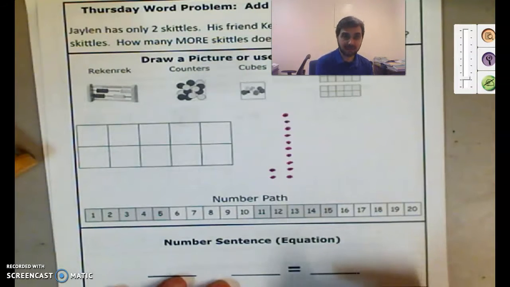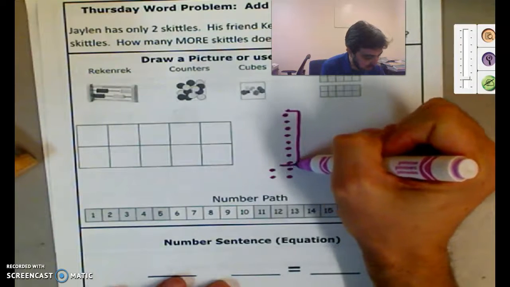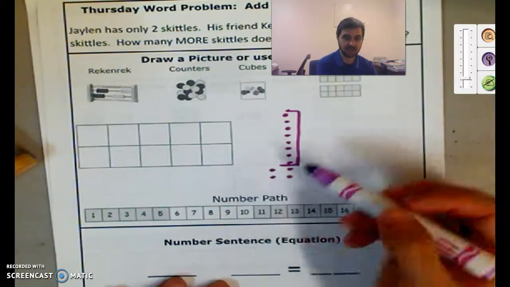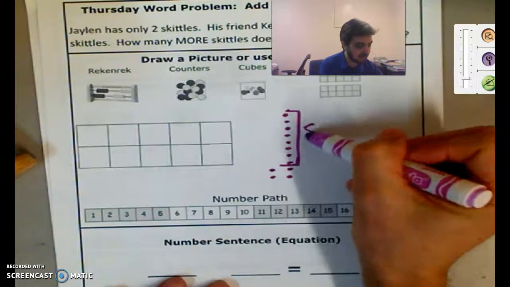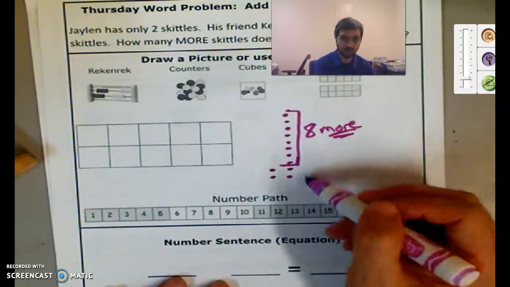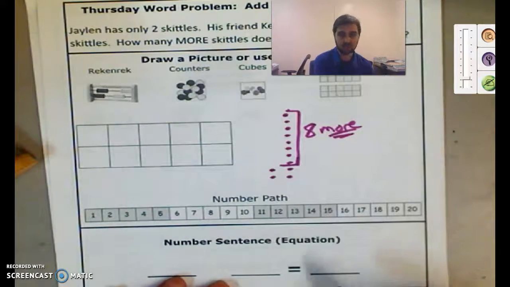Kemba had 10, so he had this many more, right? Because he had that many more than 2, which is what Jaylen has. So that makes 8. There's 8 more. Okay, he has 10 total, Kemba, because he has 8 plus 2 more, but he has 8 more than Jaylen.